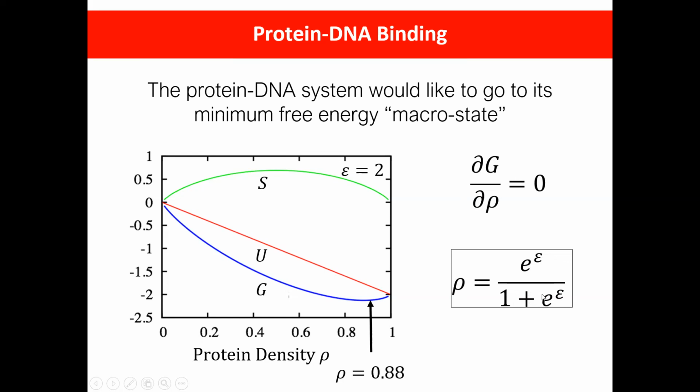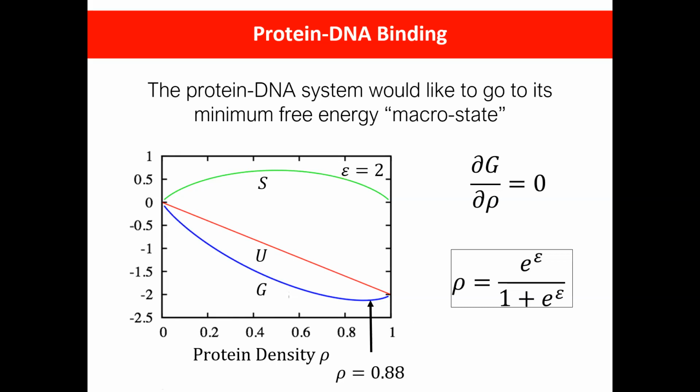So again, you get back the previous result, that when the reaction is spontaneous, when there is no energy cost involved, the system would like to go to that state where the entropy is maximum. And I know that only when rho is equal to half, the entropy of the system is maximum.